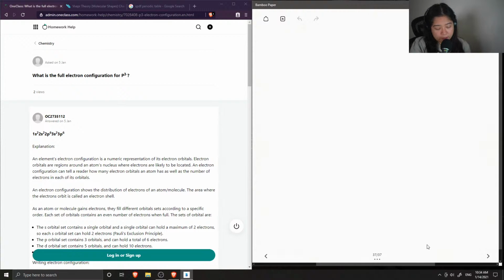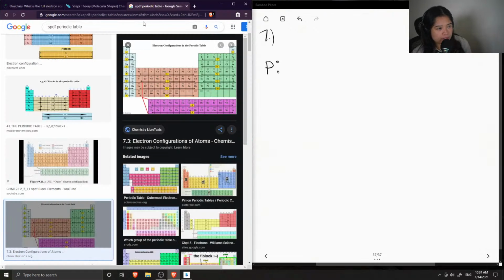Question number 7. What is the full electron configuration of phosphorus 3 minus? So first let's find the electron configuration of just a ground state phosphorus atom.